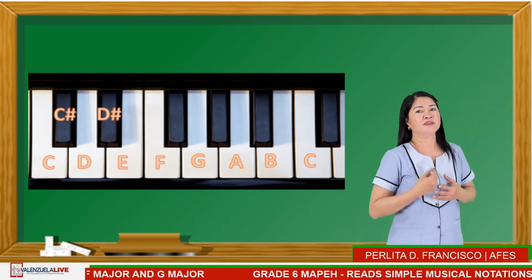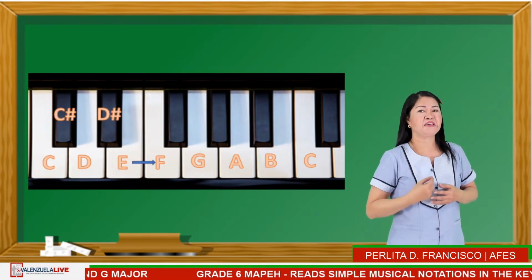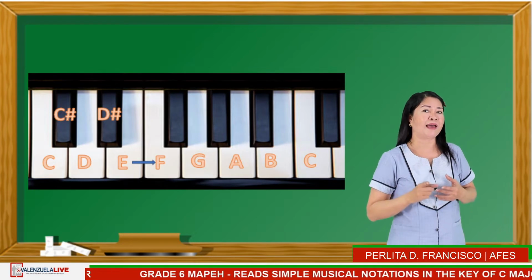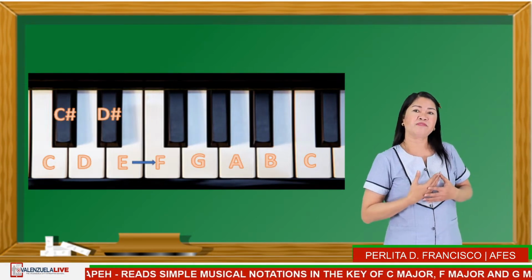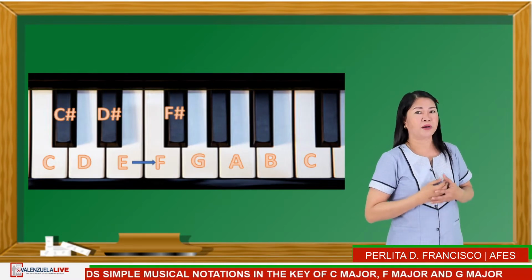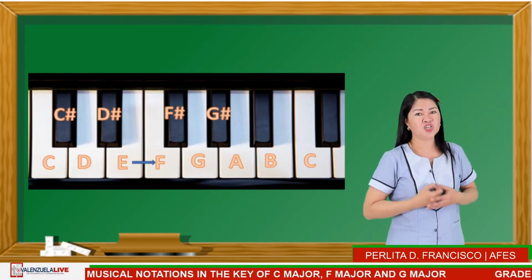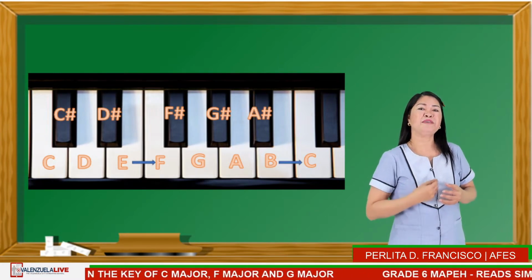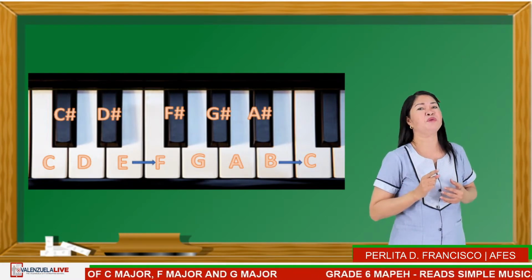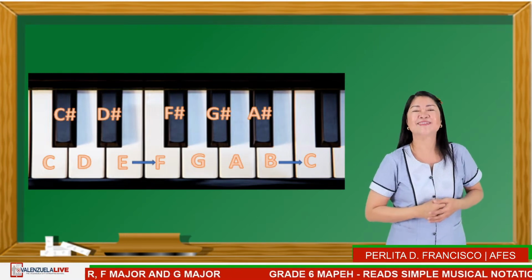D becomes D sharp. E becomes F since there is no black key between E and F. F becomes F sharp. G becomes G sharp. A becomes A sharp. B becomes C since there is no black key between B and C.